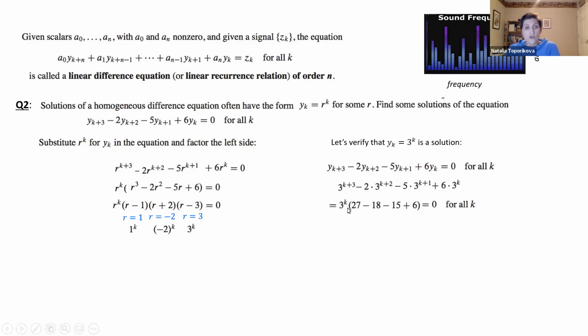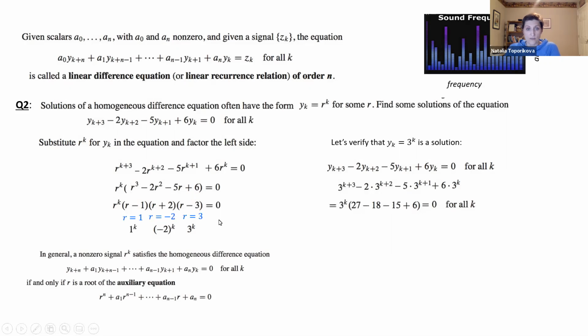Again, let's factor out 3 to the power k and see what's left. The first term leaves 3 to the power 3, or 27. The second gives us 18, and so on. If you add all these numbers together, you will notice that you get 0, which means we started from 0 and end at 0, so 3 to the power k is indeed a solution of our difference equation.